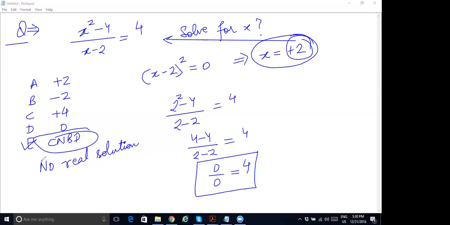Why is it no real solution? Oh, so I have to put the value of x into the equation and then see what I'm getting. You shouldn't be doing that.